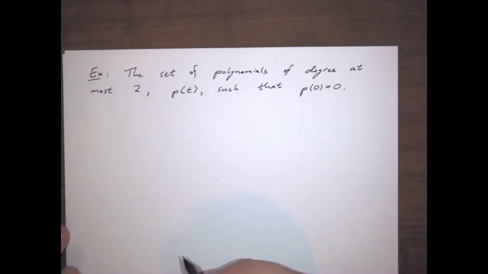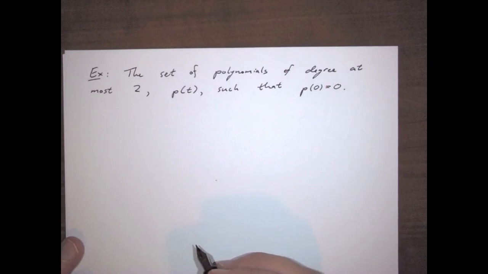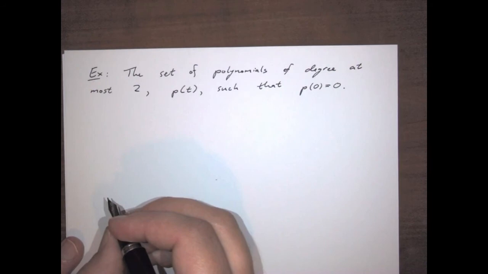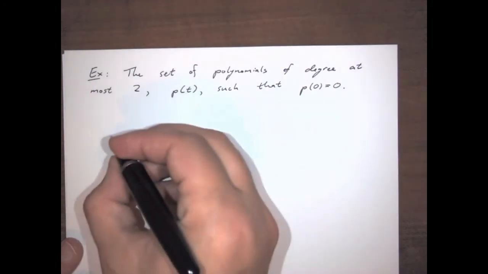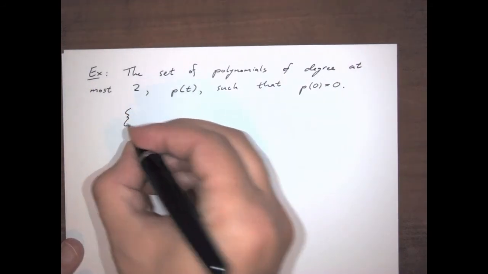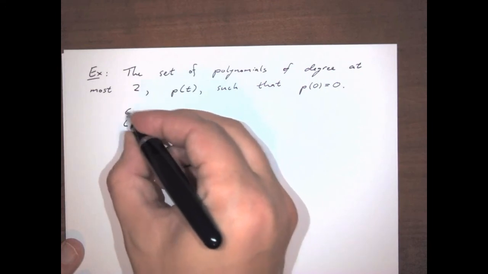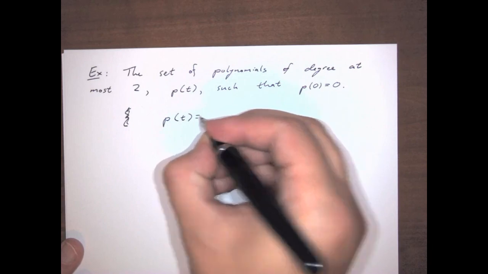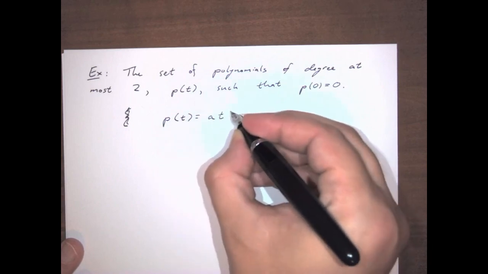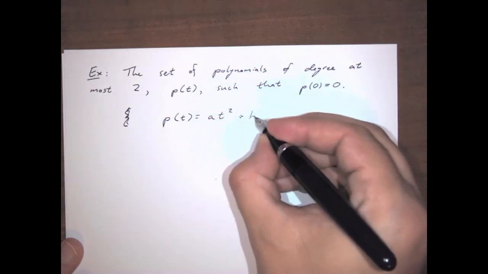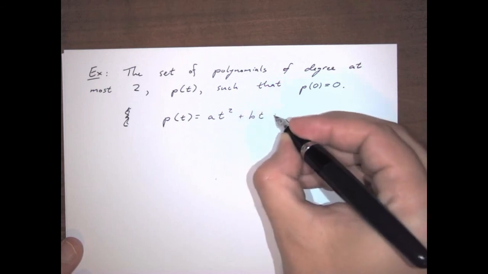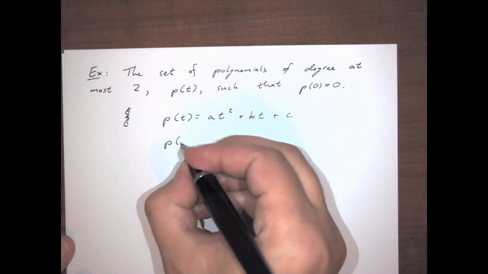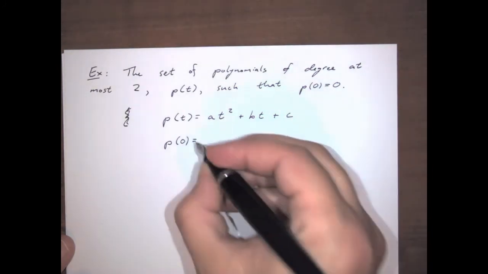So polynomials are functions. You can plug numbers into functions. So what if I take the set of all the polynomials of degree at most 2 such that P of 0 equals 0? Well, what does that mean? So we're talking about P of t is equal to a t squared plus bt plus c, and I know that P of 0 is supposed to equal 0.